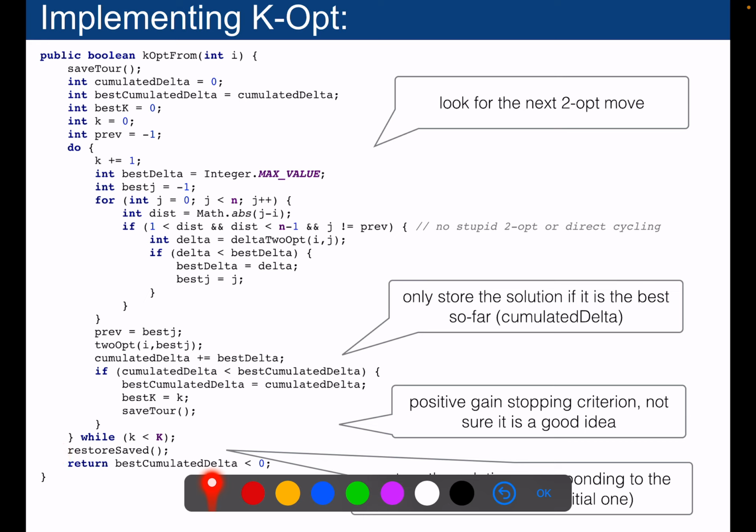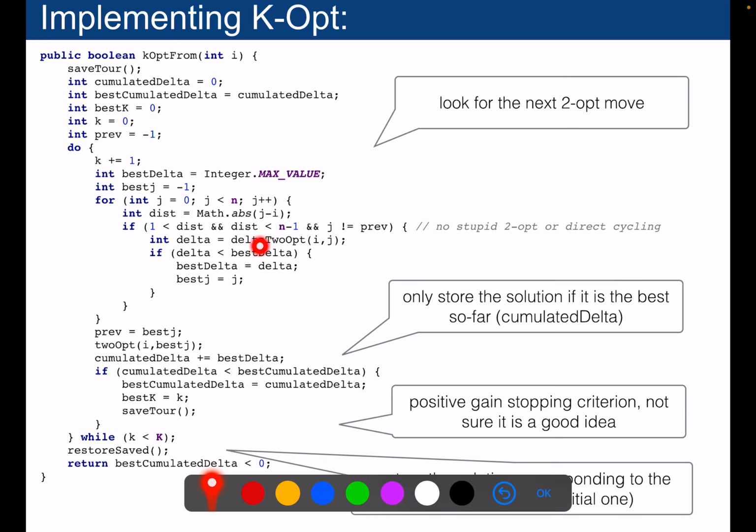Now, how do we consider 1 k at a time, right? So we increase k plus 1. We will consider the best delta as integer max value, and we will look for the best j to apply the 2-opt move between the position i, the current position, and the position j, right? And so we will do the delta 2-opt between i and j.